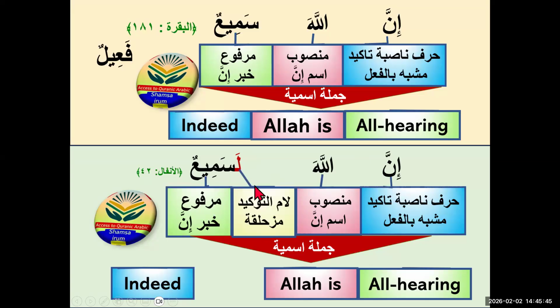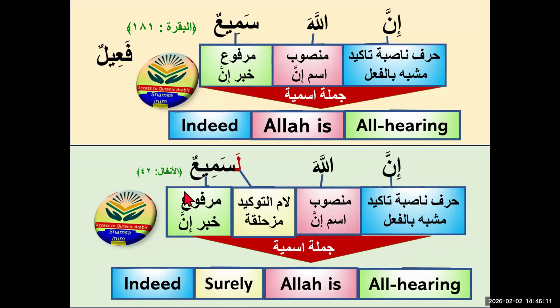Why is it muzahlaqa, and why is it not lamul ibtida? Because of course it's not at the beginning of the sentence, it's in the middle. That's why it's called muzahlaqa. And inna leads the sentence. Of course, inna is the boss, more powerful than lam. That's why inna leads the sentence.